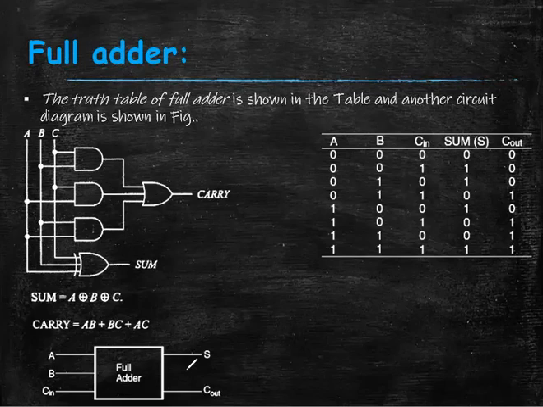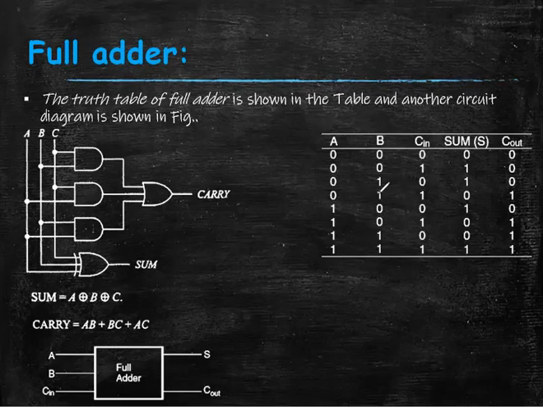Okay, and when we look at the truth table, we can see when the sum is high. What is observed when there is an odd number of ones? Here it is high, only one: only C in is high, and here it is high, only B is high.